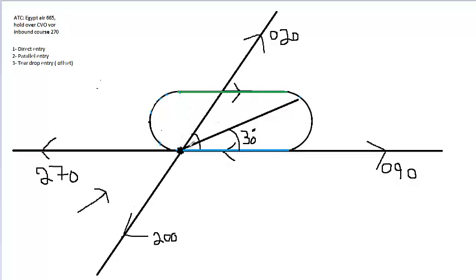So once we fly over the station, we need to turn to a 30 degree angle to the outbound course. We know that the outbound course is 090, and we are going 30 degrees anti-clockwise, so we subtract, and we fly a heading of 060. So this line here is 060, always a 30 degrees difference from the outbound course.